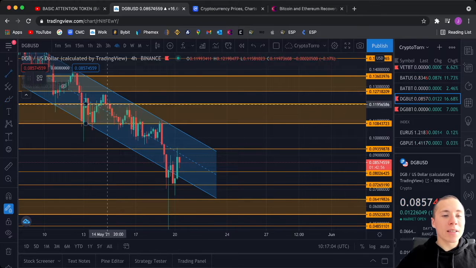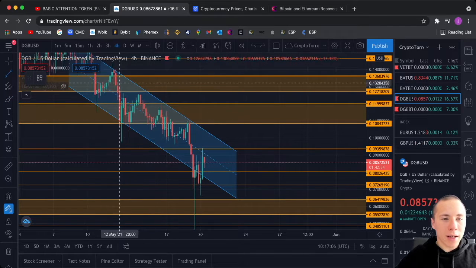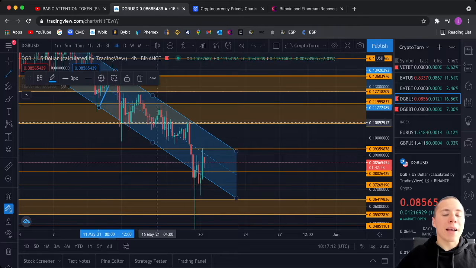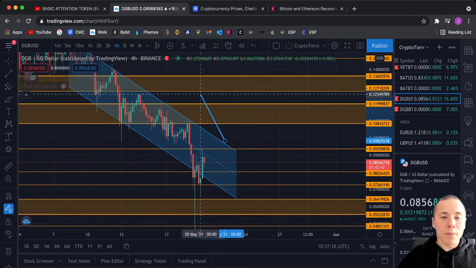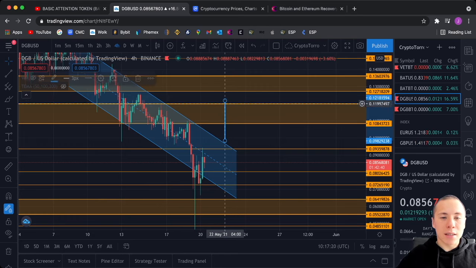And let's take a look at what this move will possibly look like. If we take a look at it, you have to select the upper line of the descending channel and also the lower line of the descending channel, placing it just like this.